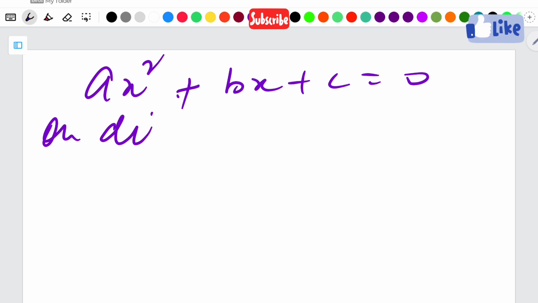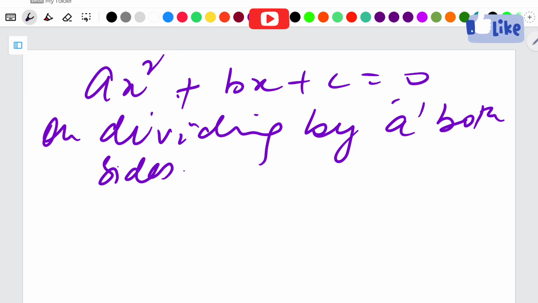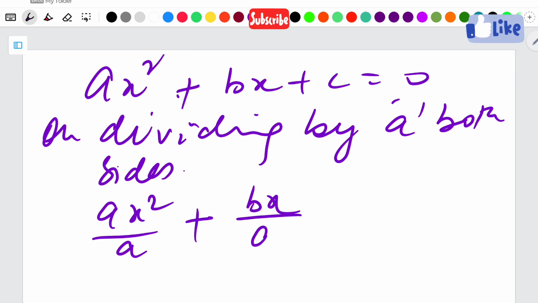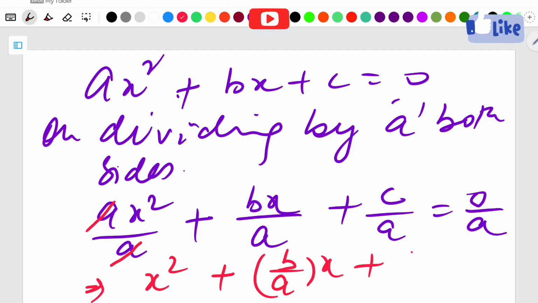On dividing by a both sides, so ax square by a, bx by a, c by a, which is equal to 0 by a. Now this a and a is cancelled, so x square, and this is b by a times x, and this is c by a, and 0 by something is equal to 0.